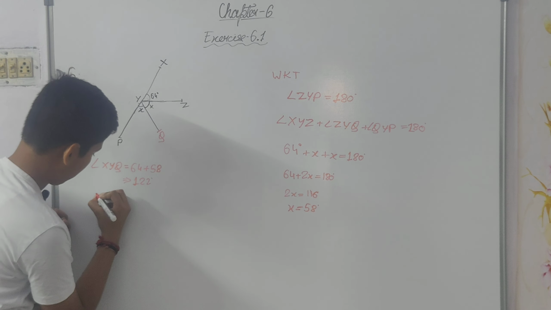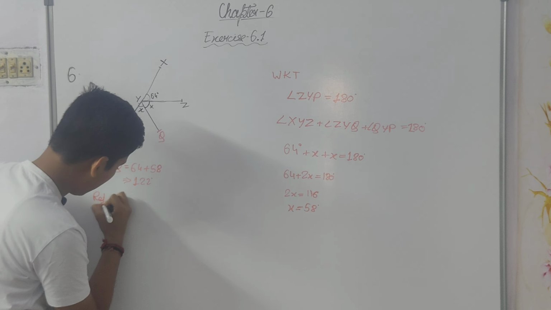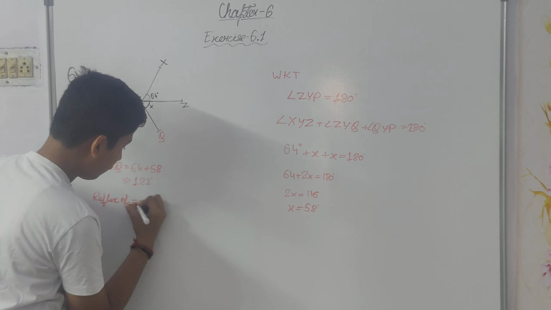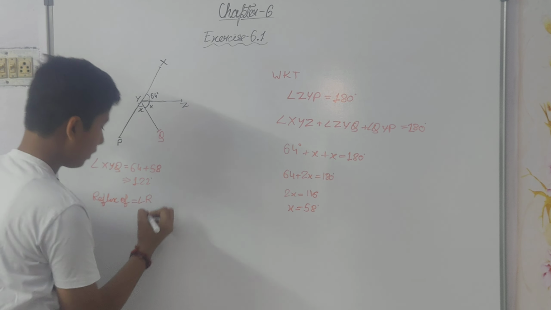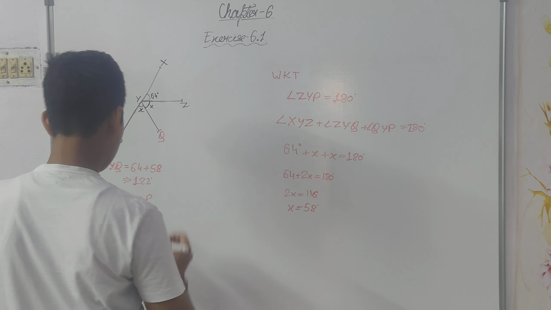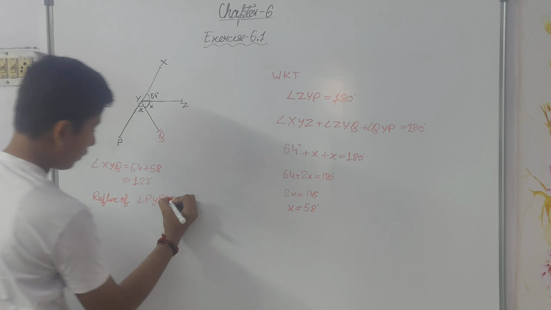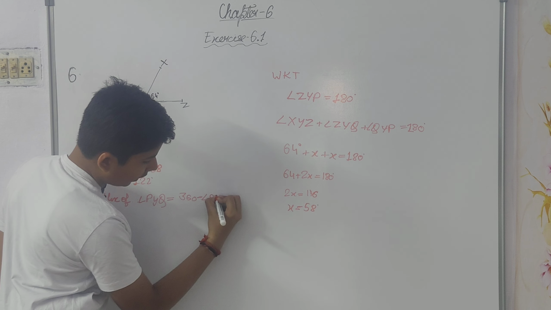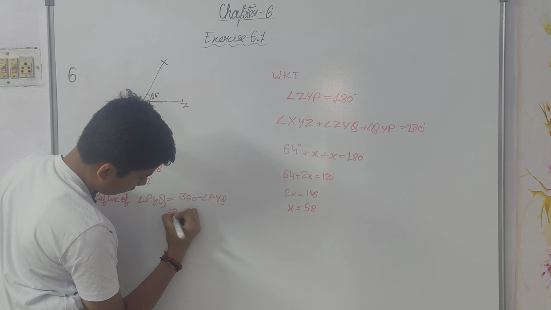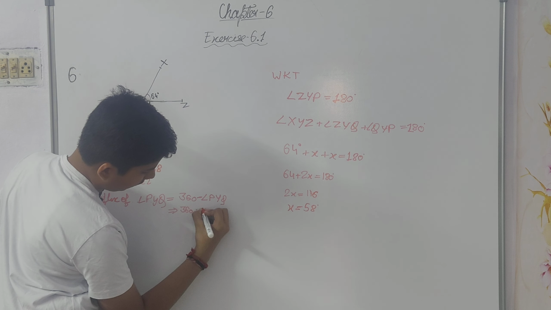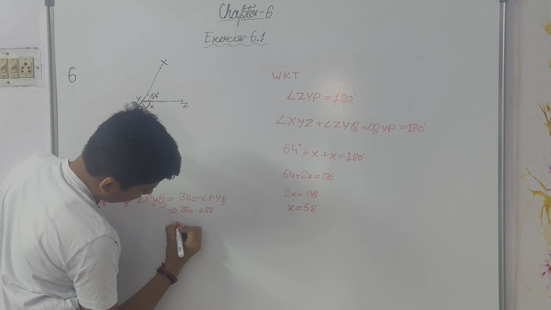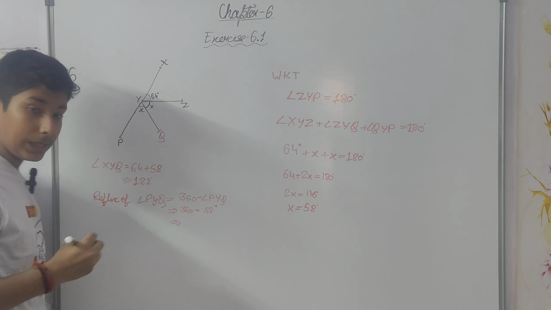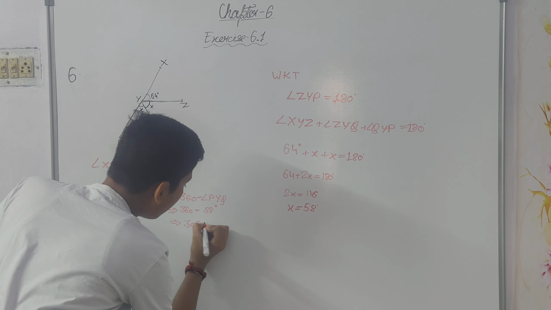Now the reflex of this angle, reflex of angle PYQ, will be 360 minus angle PYQ. 360 minus 58 degrees, which means it is 302 degrees.